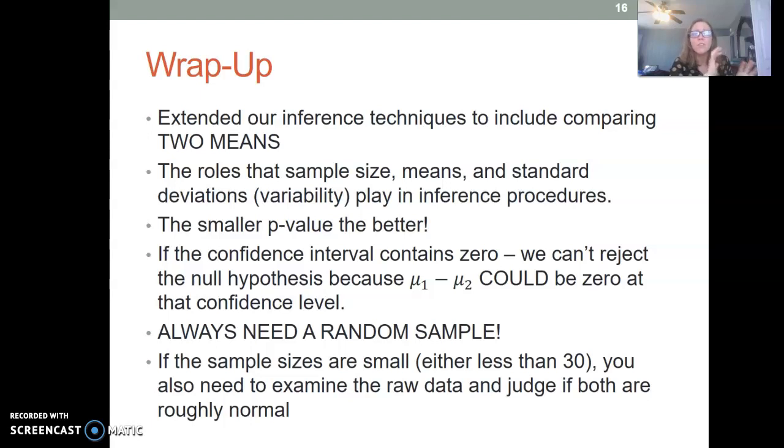If both data sets are roughly normal, then this is all valid. If not, and your sample sizes are small, this procedure is not really valid. There are, I think, two homework problems from this section that get into the validity, where you have to look at the normal probability plot to decide whether your data is roughly normal or not.